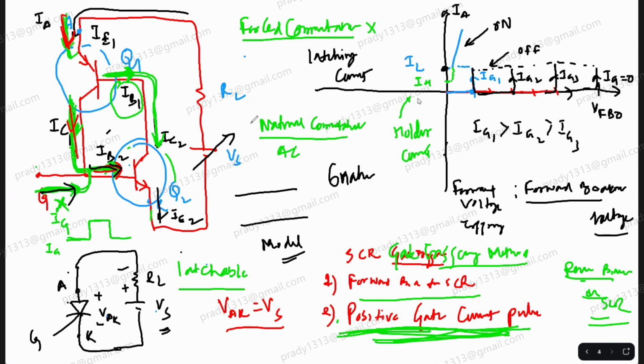So the current through the SCR must fall below holding current while you are reverse biasing it to turn it off. If the current is between latching and holding while you are trying to turn it off, will you call it conducting or not conducting?